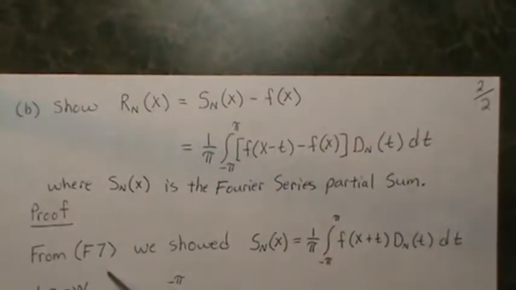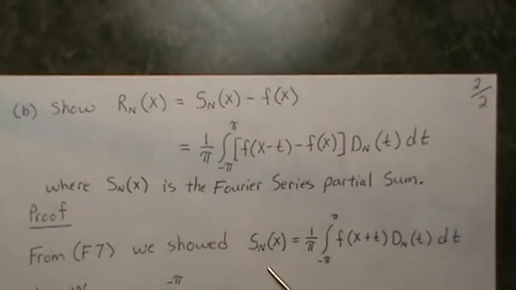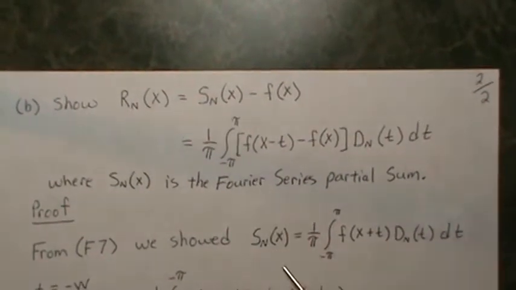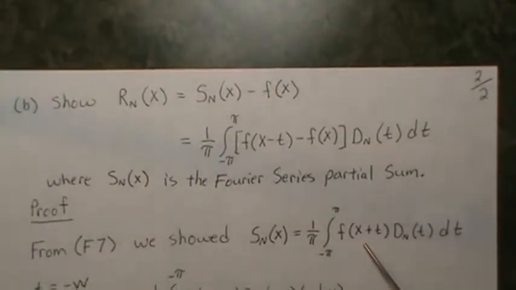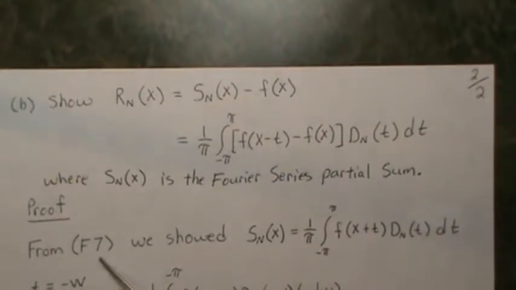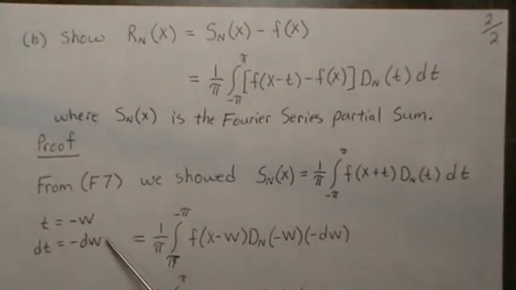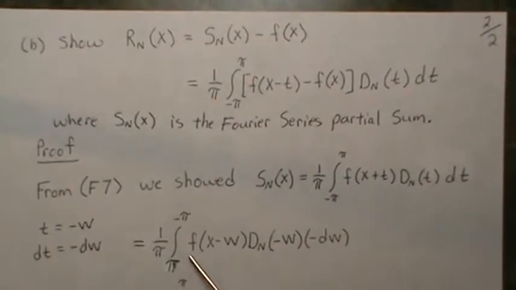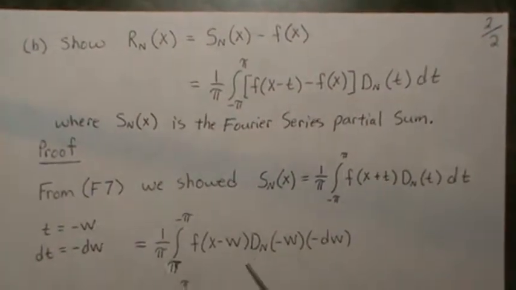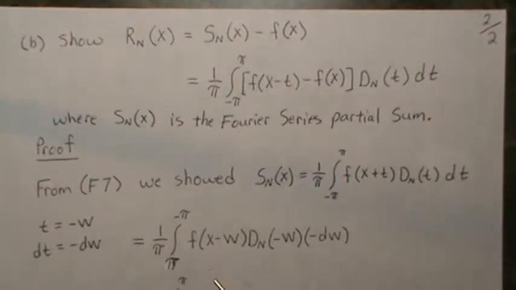And so from video 7 in the Fourier series, we showed that the nth partial sum of the Fourier series can be written like this. Okay, so for that proof, you'll need to go to video 7. And then for this, if we let t equal minus w, and then take the derivatives, substitute it back in, we get this. Now, this is not quite that.